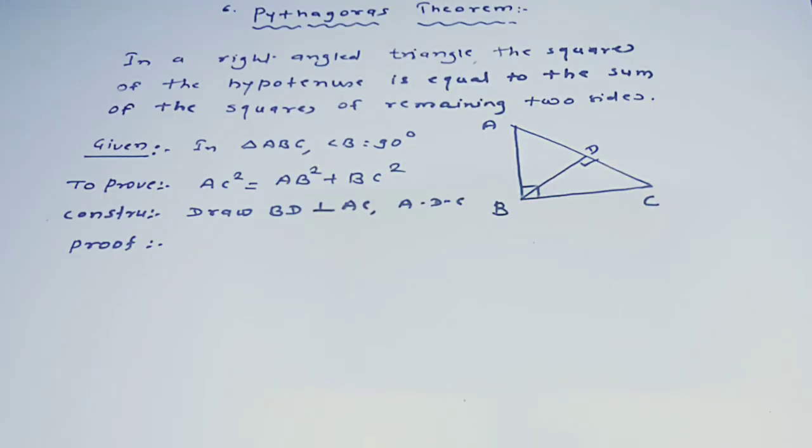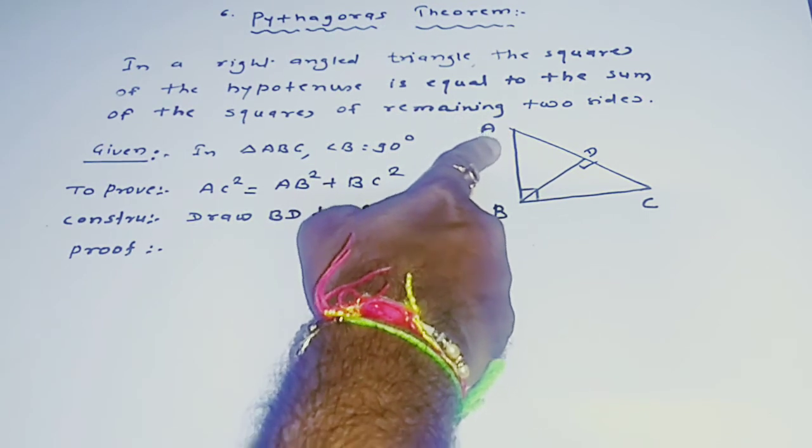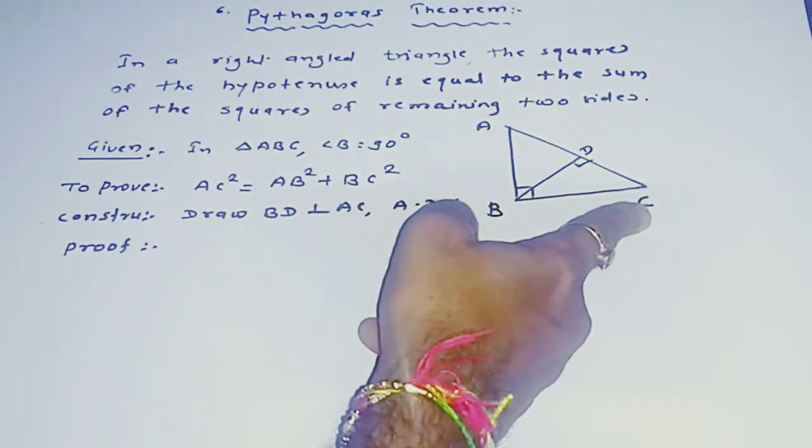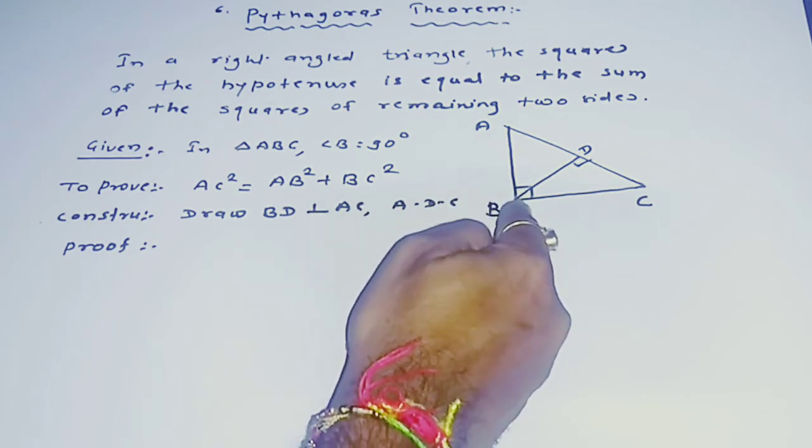See the Pythagoras theorem. In a right angle triangle, the square of the hypotenuse is equal to the sum of the squares of the remaining two sides. Now consider triangle ABC is a right angle triangle.